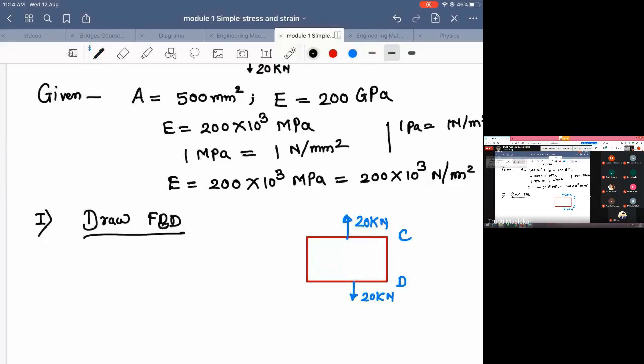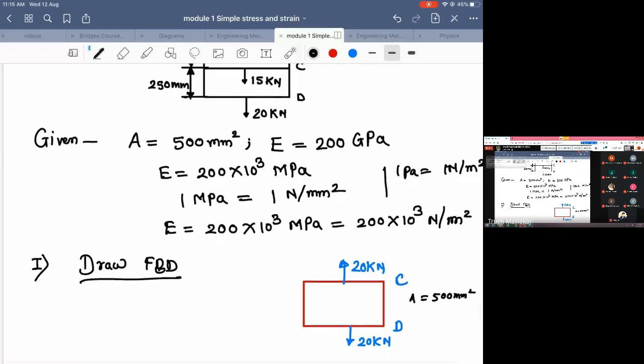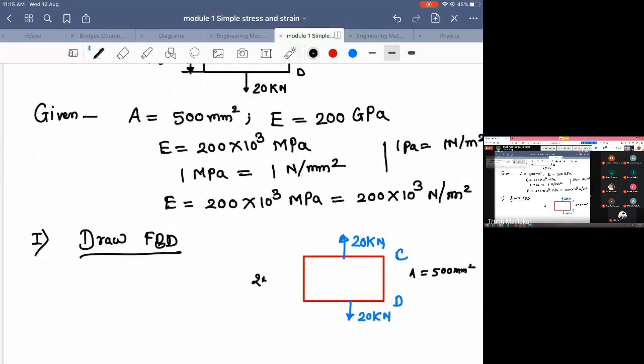Yes. The free body diagram is with me, and I know the quantities. The area is 500 mm square, and the length is also given, 250 mm for portion CD.